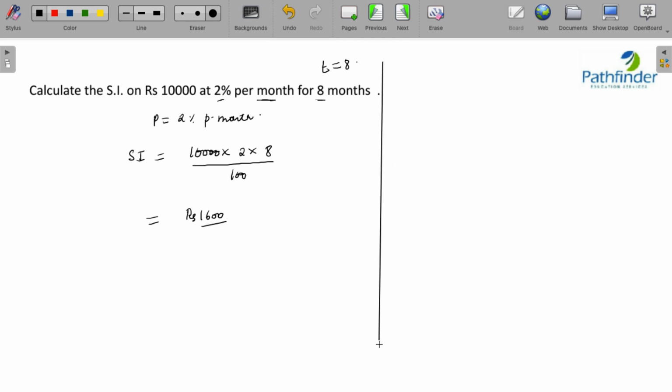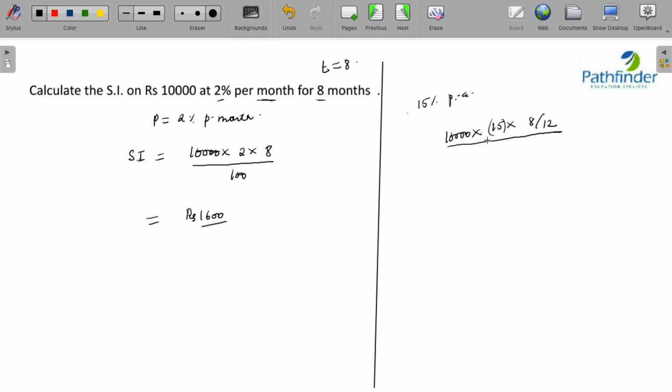Now what would happen if the rate were given per year instead of per month? Let's say the rate in this particular question were, let's say, 15% per annum. What would we do? We would apply the same formula, 10,000 into 15, but the time which is given in months has to be converted into years, because this rate is given in terms of 1 year.